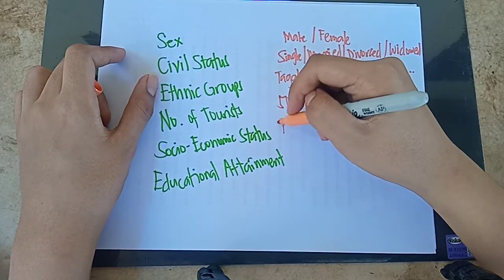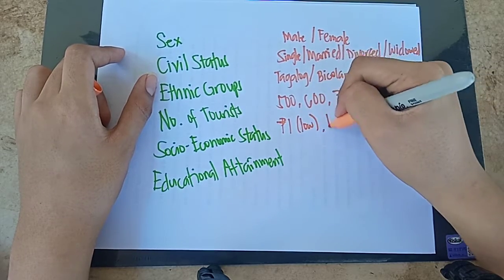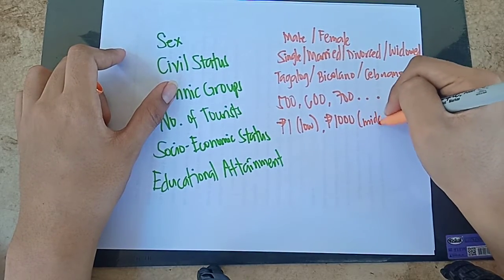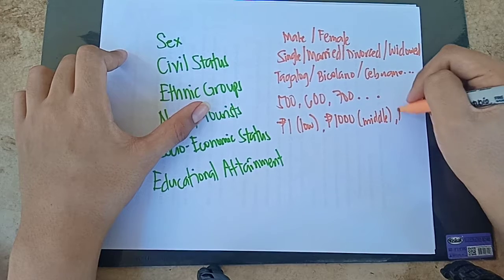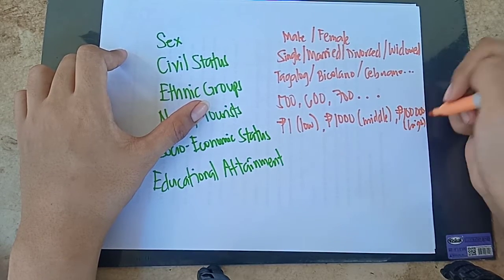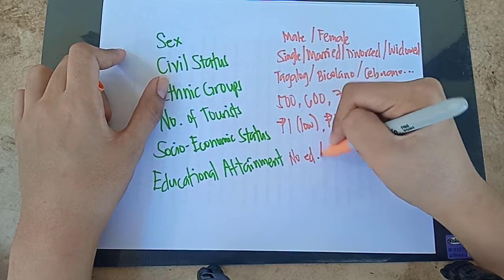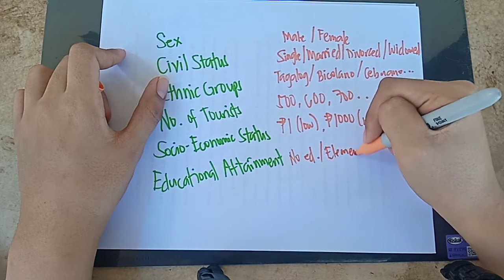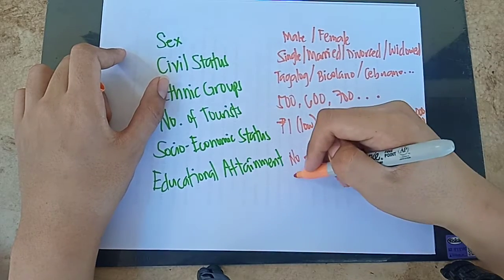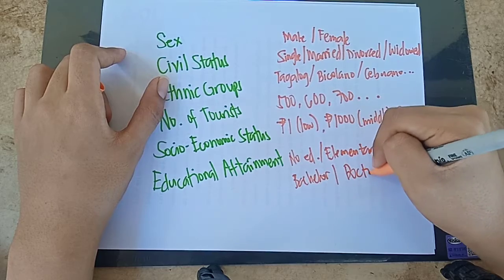Socio-economic status, let's say 1 peso, so this will be a low range. Let's say 1,000 pesos, so this is a middle range. And let's say we have 100,000 pesos, so high range. Then we have educational attainment. Let's say no education at all, elementary, high school, bachelor's degree, doctorate or postdoctorate.